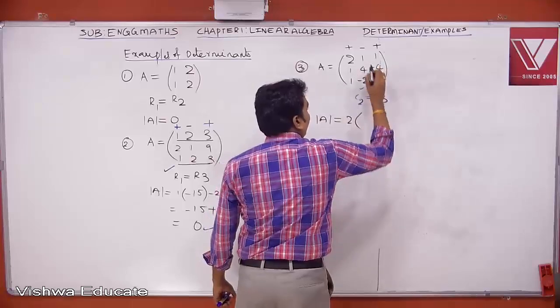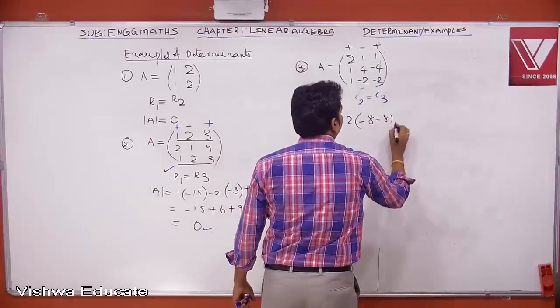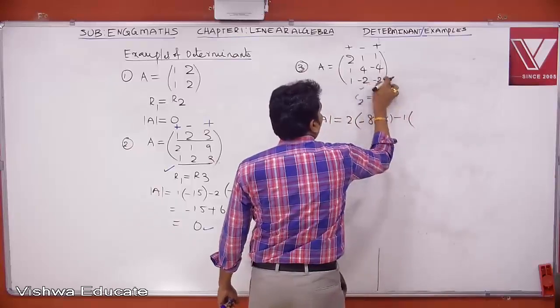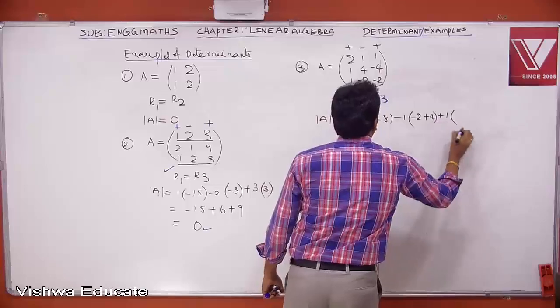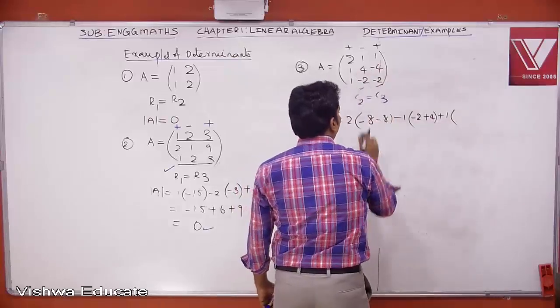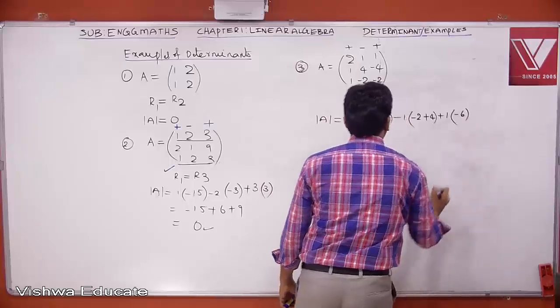Now the det of this matrix: minus 8, plus minus 1 into minus 2 plus 4, plus 1 into minus 2 minus 4, so this is minus 6.